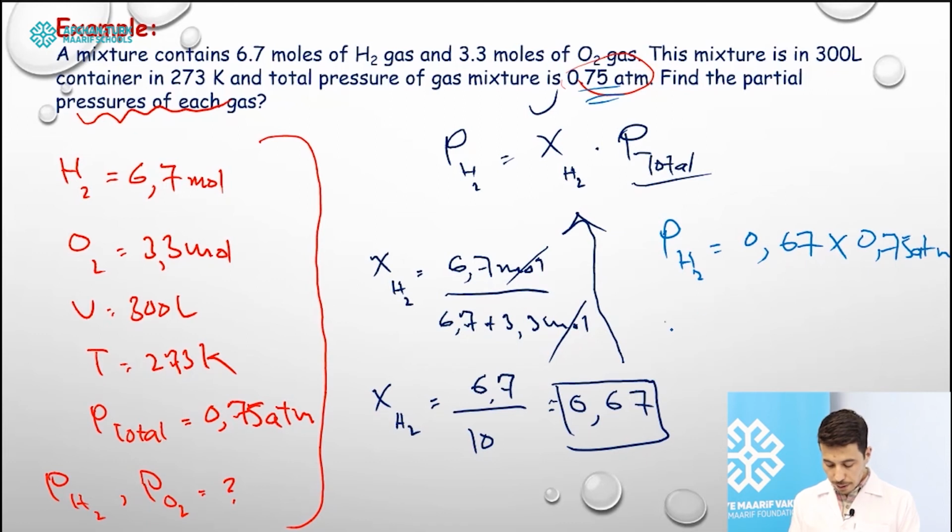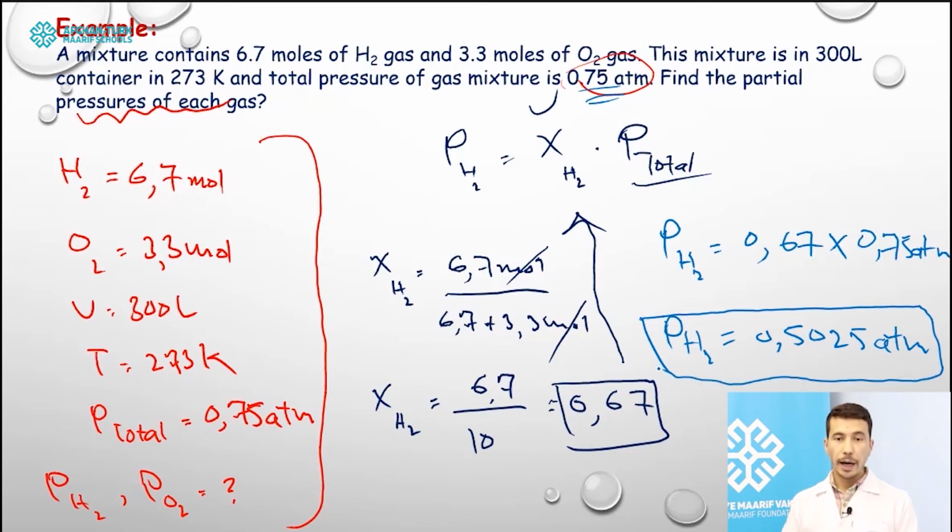If we multiply 0.67 times 0.75, it will become 0.5025 atmosphere. This is the partial pressure for the hydrogen.